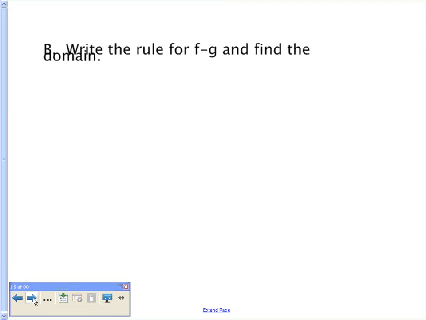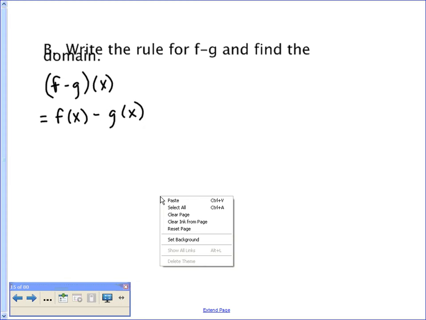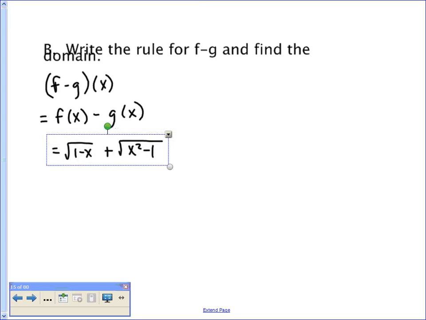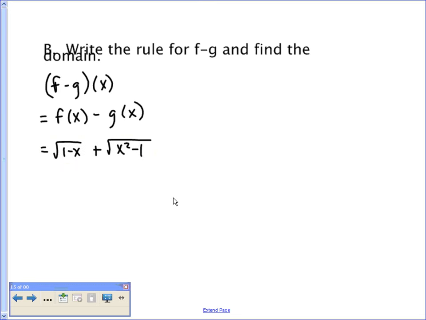And so we have f minus g of x is just f of x minus g of x. And what's changing is the plus here, because we're subtracting the two. So that should be a minus.